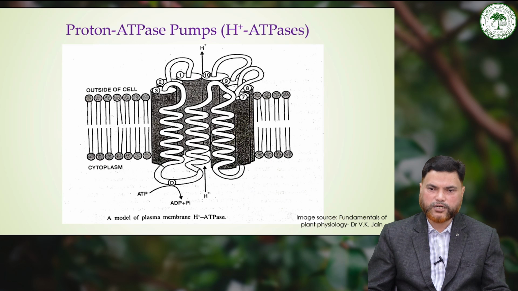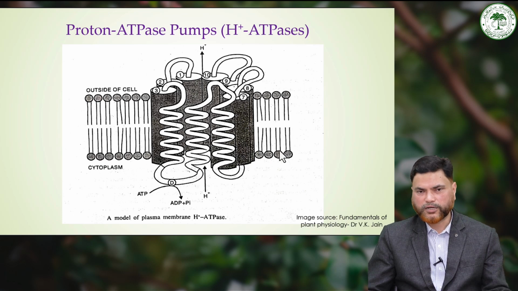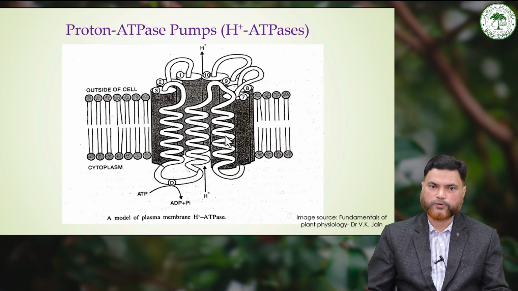Once ATP is hydrolyzed, the protein undergoes a conformational change, facilitating the transport of 1 proton ion from the cytosol to the outside across the plasma membrane. So, this is the basic structure of proton ATPases and how they work. It is very much clear from this slide.